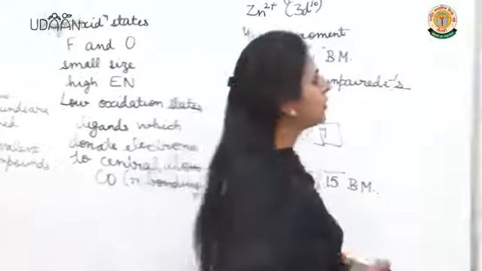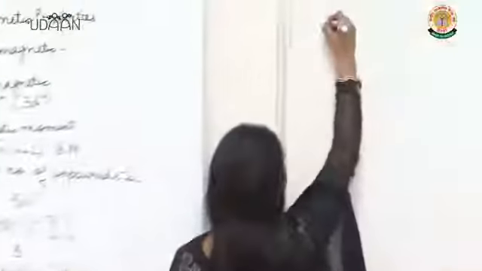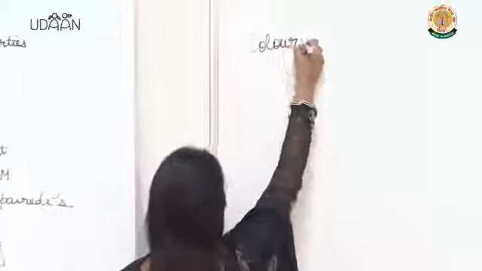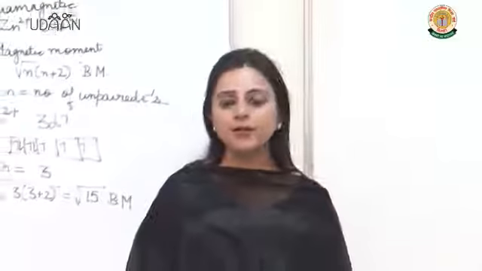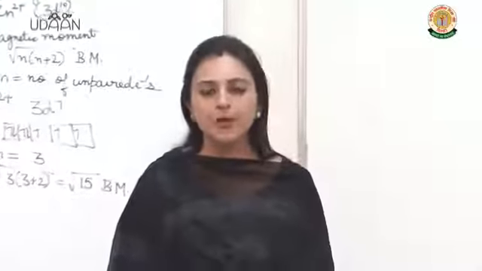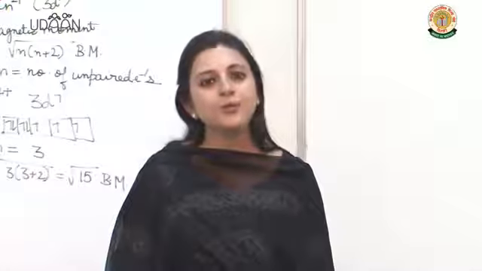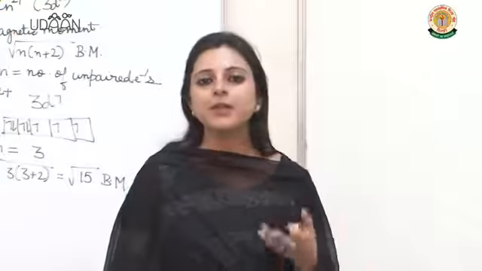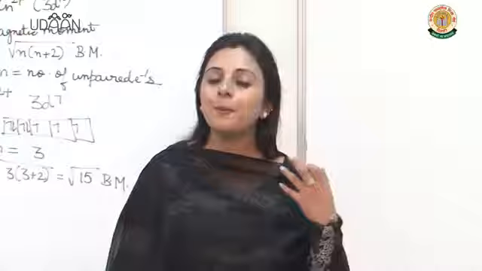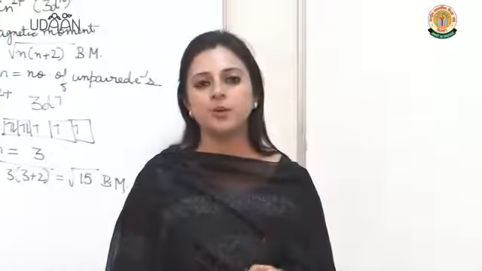Now let us discuss the color in transition elements. Transition elements are colored and their compounds are also colored. Color arises due to the presence of unpaired electrons and the vacant d orbitals or partially filled d orbitals.